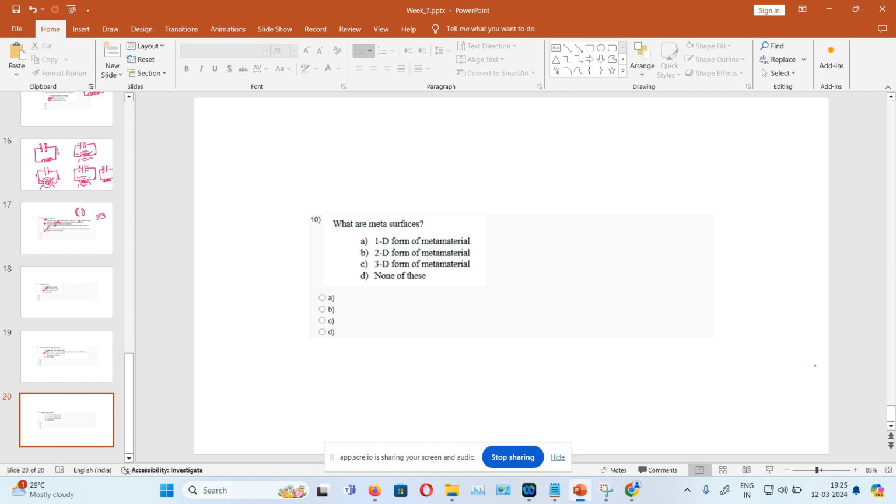A metamaterial array arranged in the form of a sheet, a 2D structure, is called the two-dimensional form of metamaterials, which is called metasurfaces. So those are the questions we discussed here today.